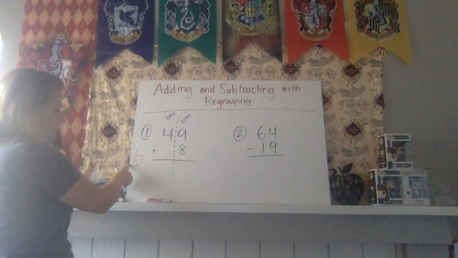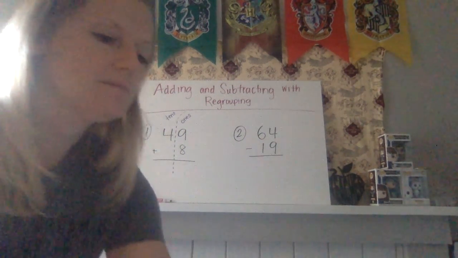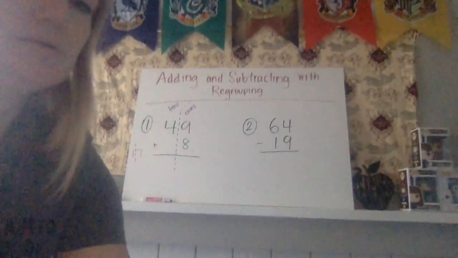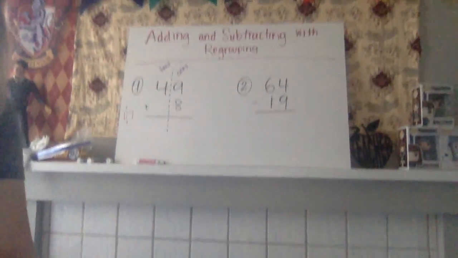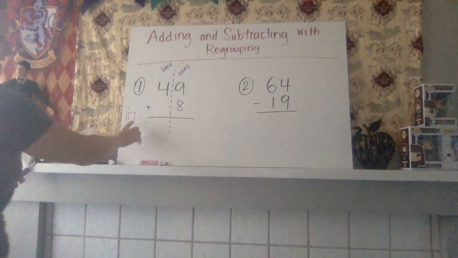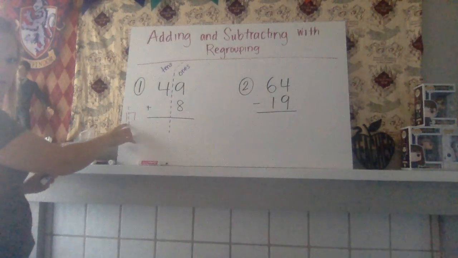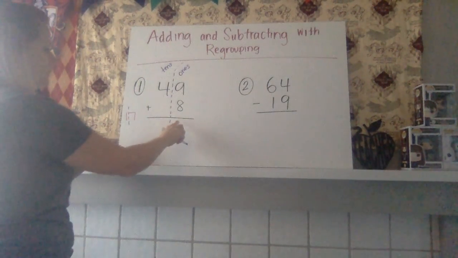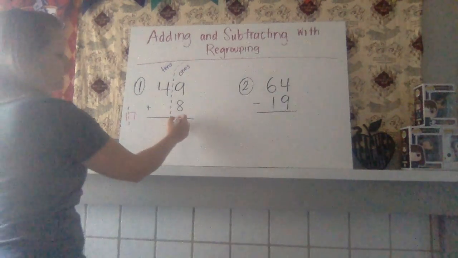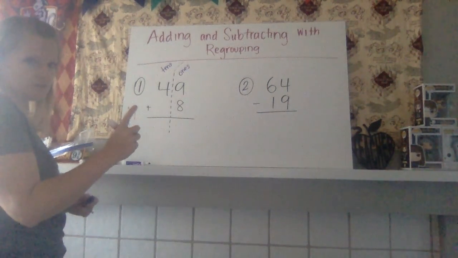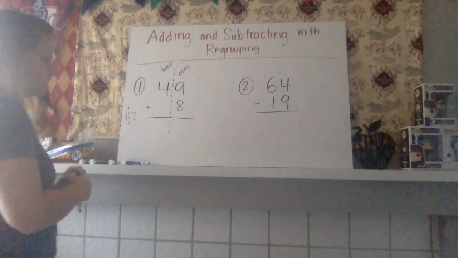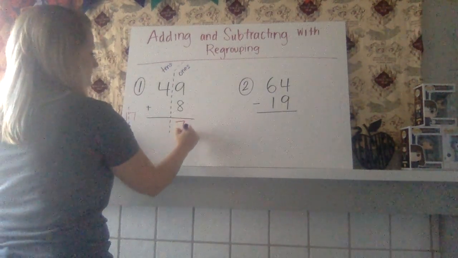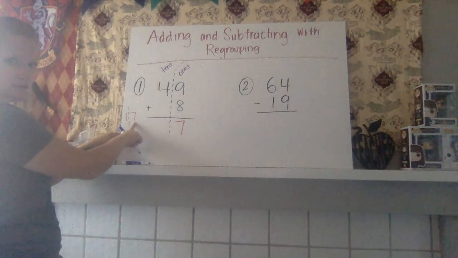Our 1 is in the tens column. So when we are writing the answer to 9 plus 8, we can't write 17 because only one digit goes in the ones column. So what we write is the 7, because the 7 is in the ones column.